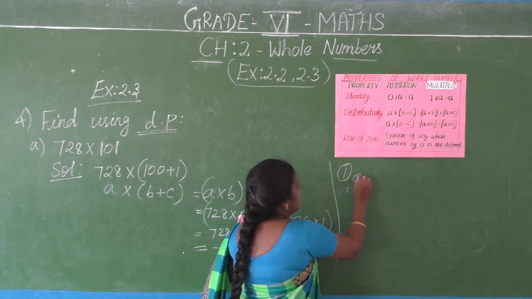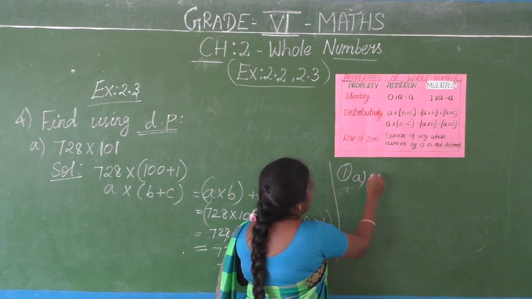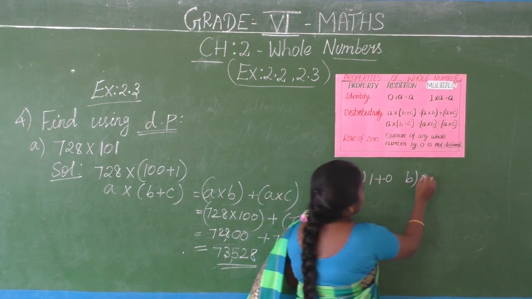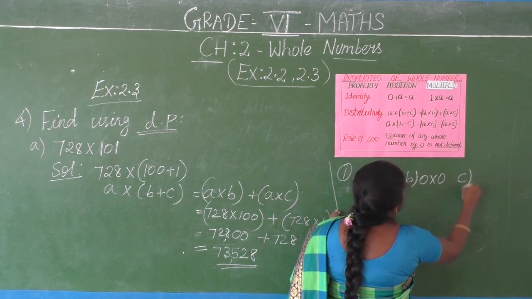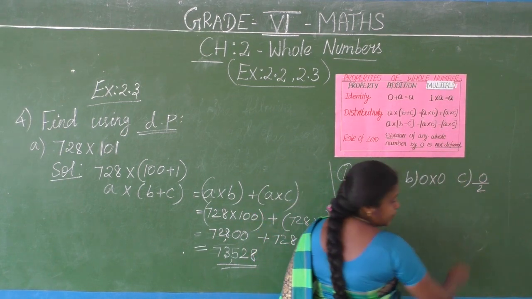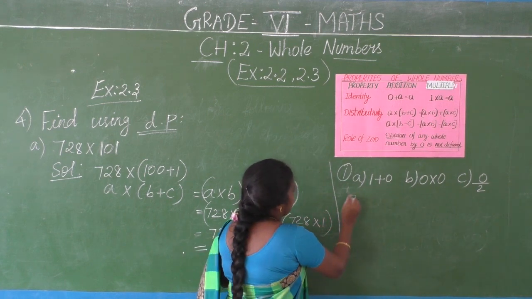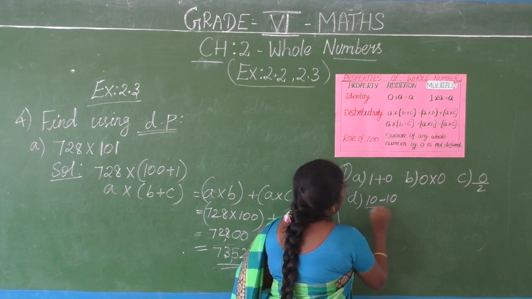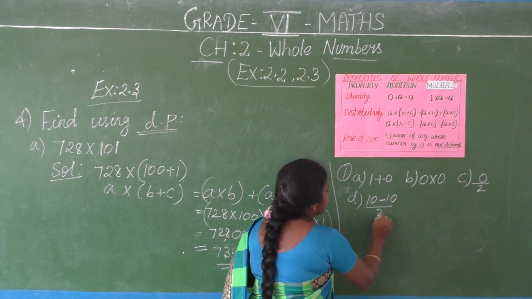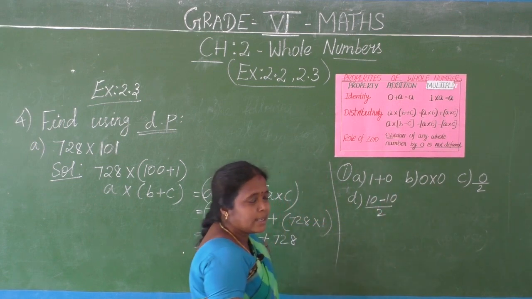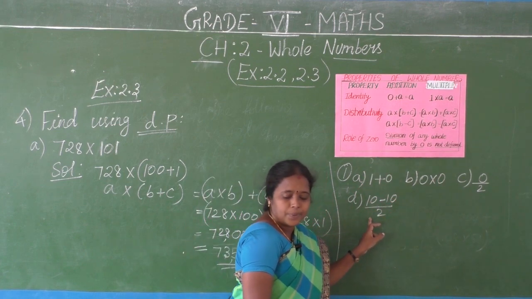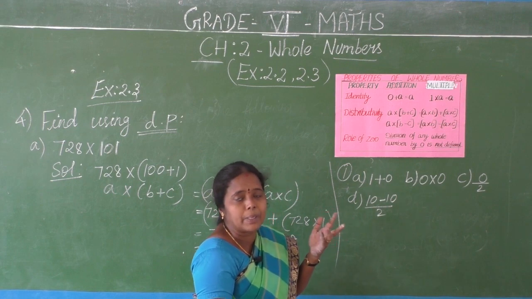First option, 1 plus 0. Second option, 0 into 0. Third option, 0 divided by 2. Fourth option, 10 minus 10 by 2. Like this 4 options are mentioned. But what they are asking here, among these 4, which will not represent 0?